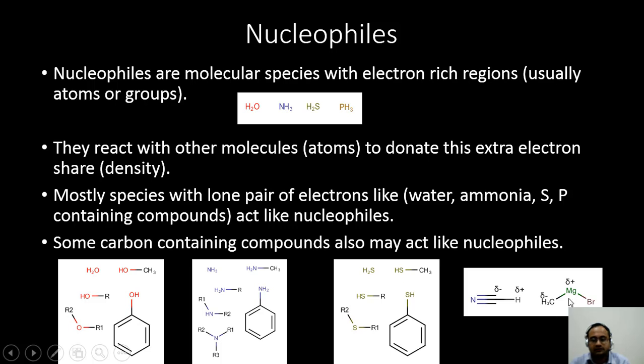Similarly, in other reagents like the Grignard reagent RMgX that we have studied earlier, the magnesium has a partial positive charge and the carbon has a partial negative charge. Because of this partial negative charge, these Grignard reagents have the ability to act as nucleophiles. Then there are other examples which we briefly touched on in the last semester that are also good examples of carbon containing nucleophiles.